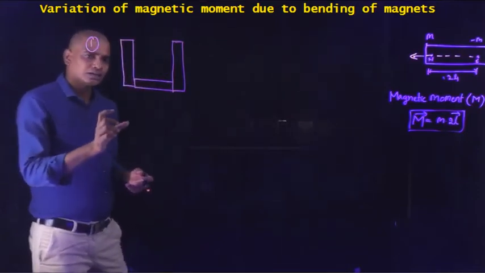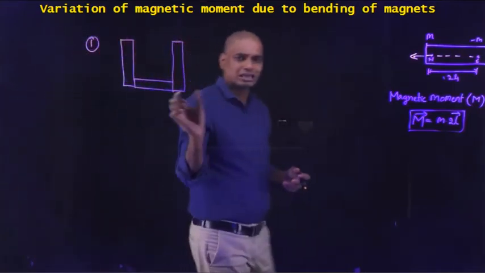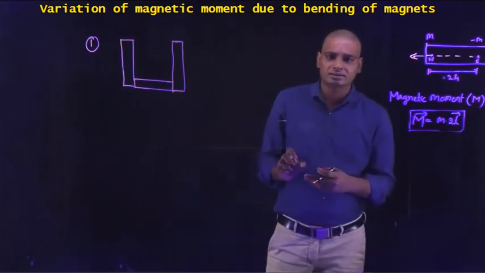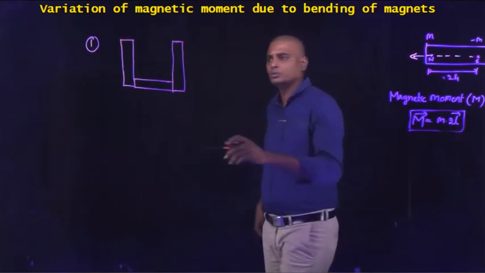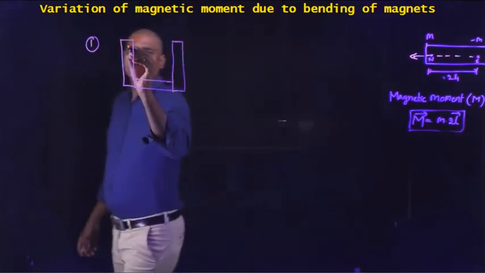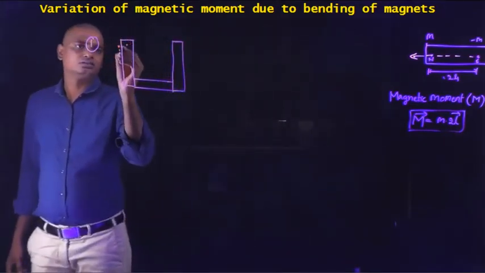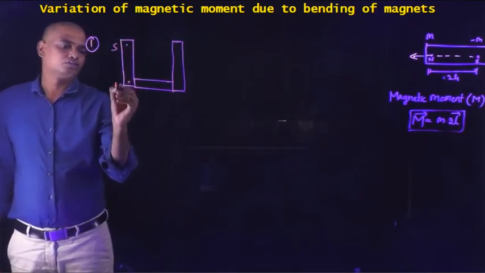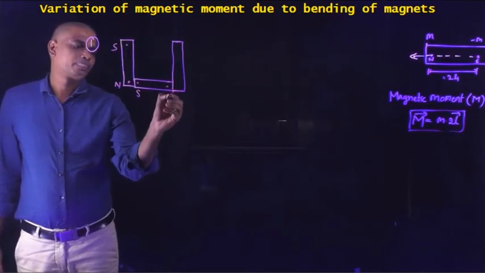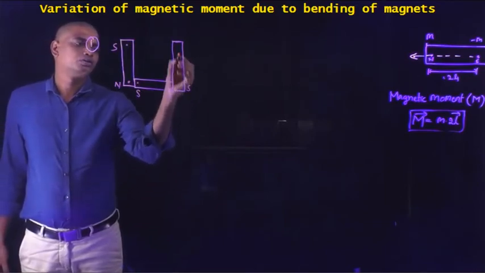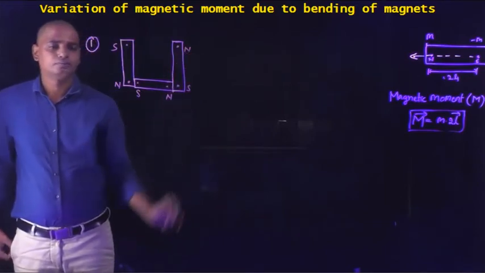It is similar to being made up of three different magnets. Each magnet will have a north pole and a south pole. So here south pole, north pole, south pole, north pole.